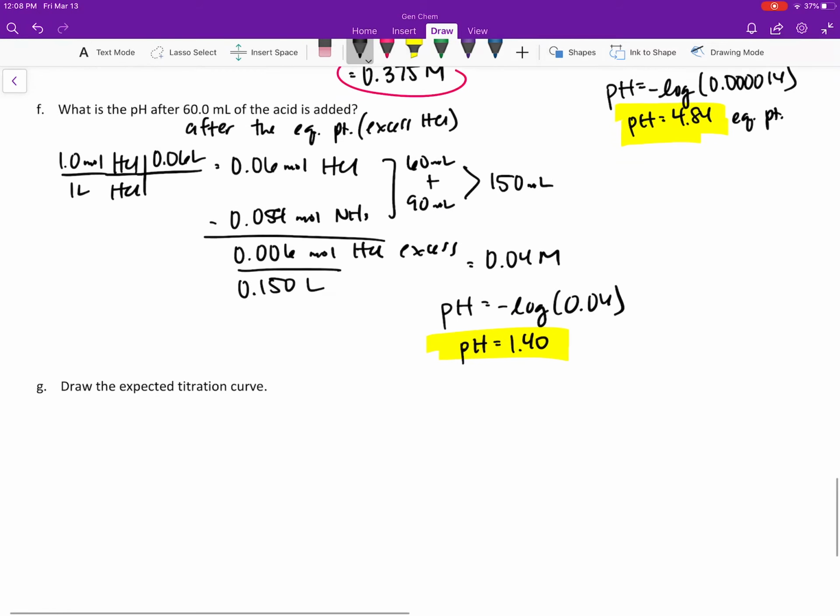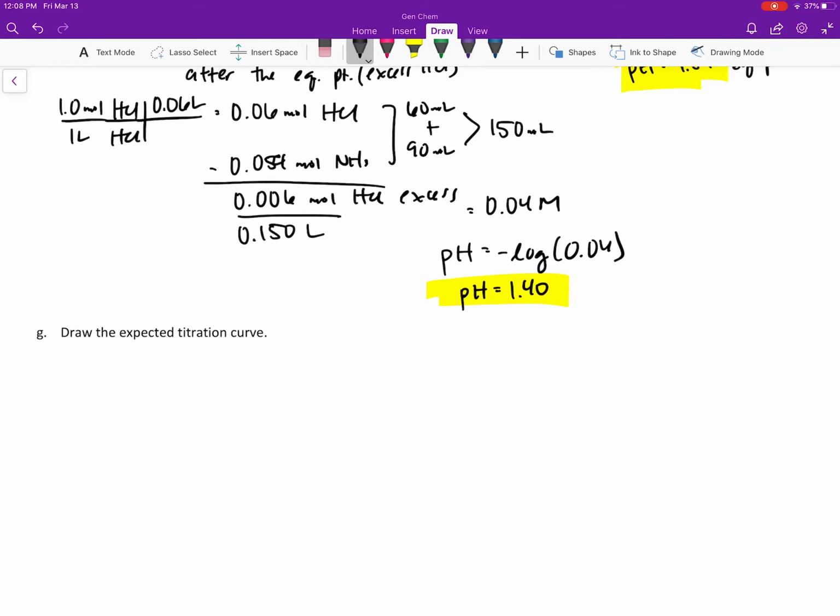Now the last part says to draw an expected titration curve. So this is going to be pH, and this is volume of HCl added in milliliters. Initial pH was around 12, so starting off probably right about here.